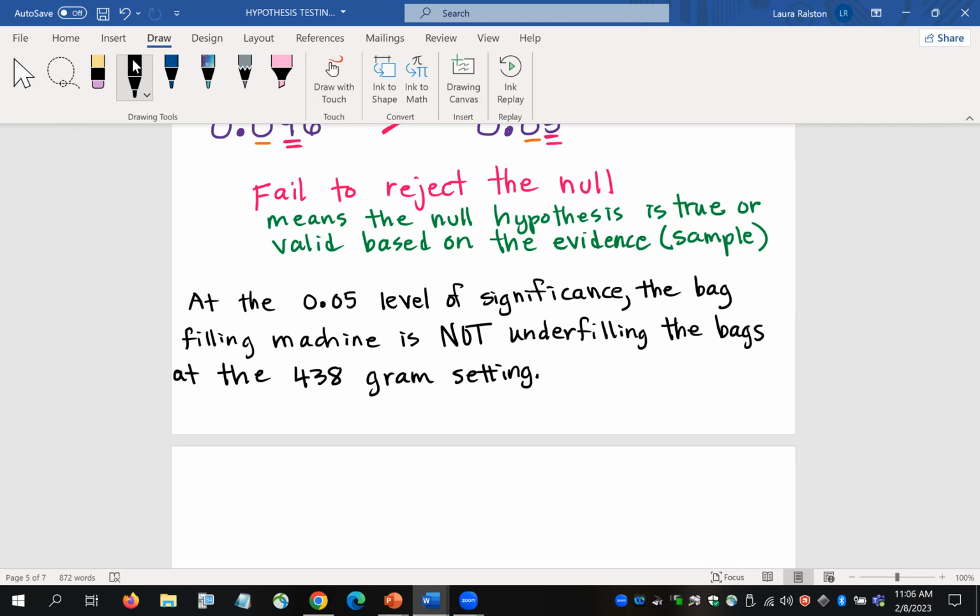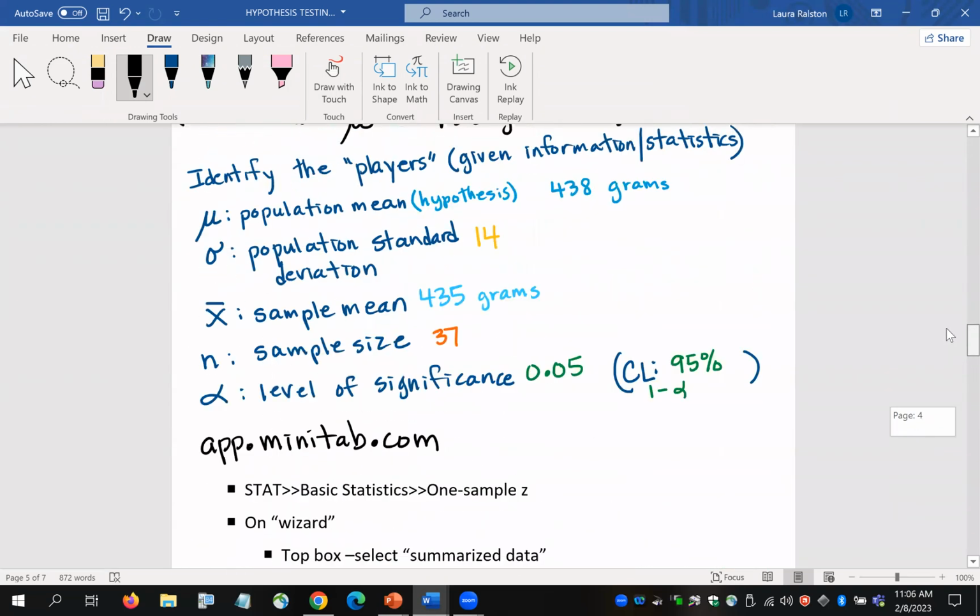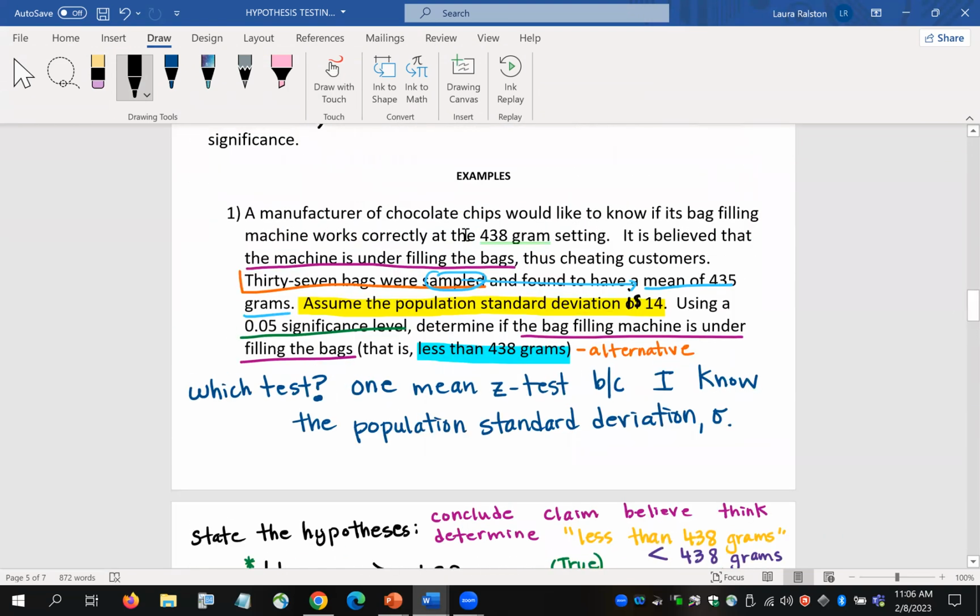And you may go, well, Miss Ralston, how did you come up with that sentence? Well, again, based on the fact that the null hypothesis is true, and if I go back to the phrasing in the original problem, we had said it is believed that it's underfilling the bags. Well, I proved by the evidence that it was not underfilling. So I basically took the sentence from the problem and added the word not, because it was not underfilling the bags.